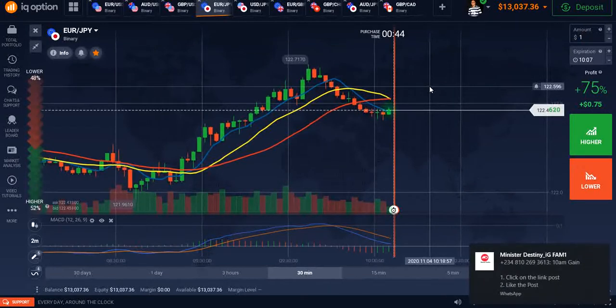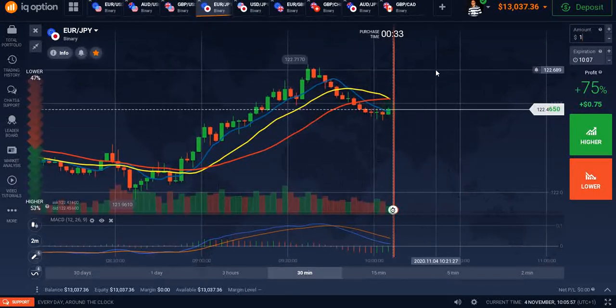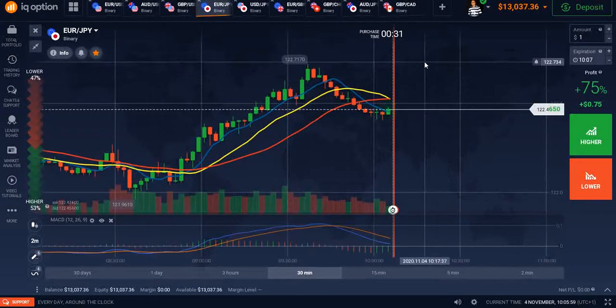If you have $50, you don't have a choice, you have to put like $2 to $3. But if you see a good indicator that this thing is going to come, you can put $5, but it's not advisable. Make sure it is always 20% to 30% of your investment.